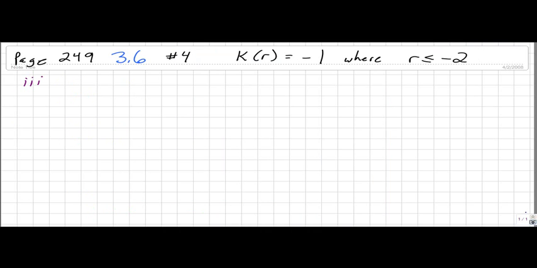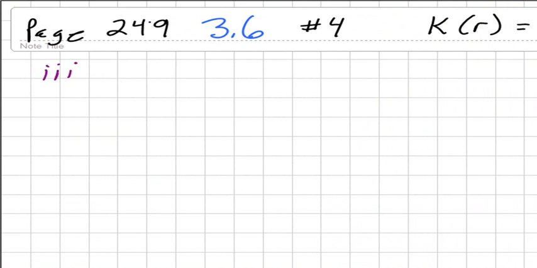For part III, it asks us to find a formula for its reflection through the horizontal axis. Recall that what we're going to be doing here is manipulating the output. So with k of r equals -1, all I'm going to do is negate the output.